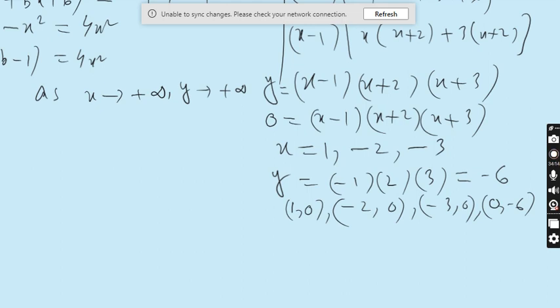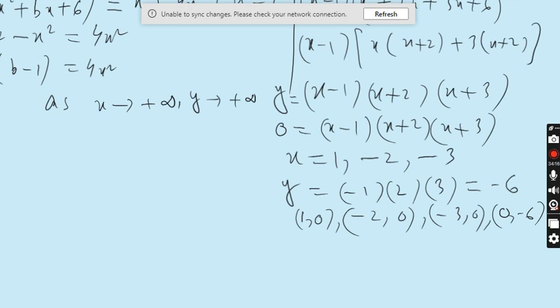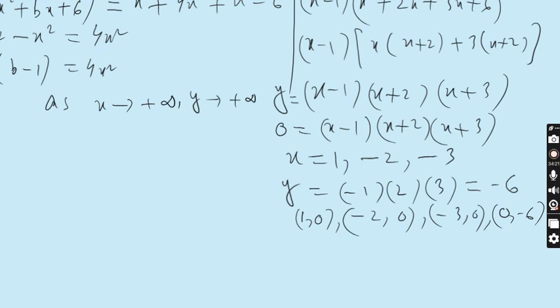Similarly, as x goes to negative infinity, y also goes to negative infinity.